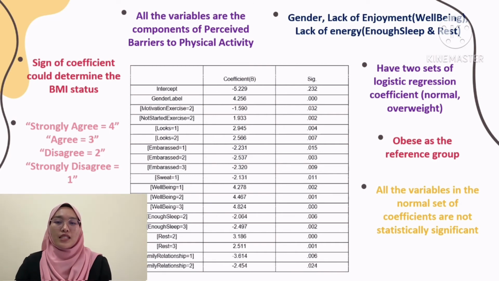The table from the slide is a summary of the variables that are statistically significant from the overweight set of coefficients, since all the variables in the normal set of coefficients are not statistically significant. Note that all the variables in this table, excluding gender, are representing the 6 barriers to physical activities. The sign of the coefficients determines whether the respondents are more likely to be overweight or obese based on agreeing with the statements.